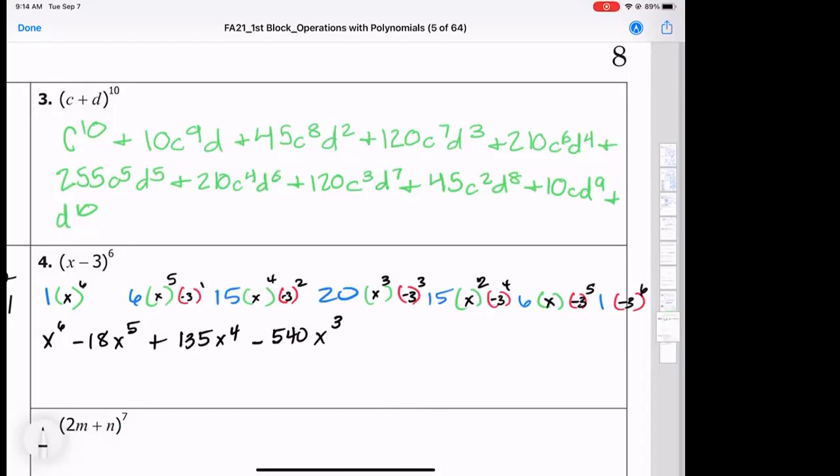-3 to the 4th power, and then 81 times 15. -3 to the 5th power, 243 times 6.